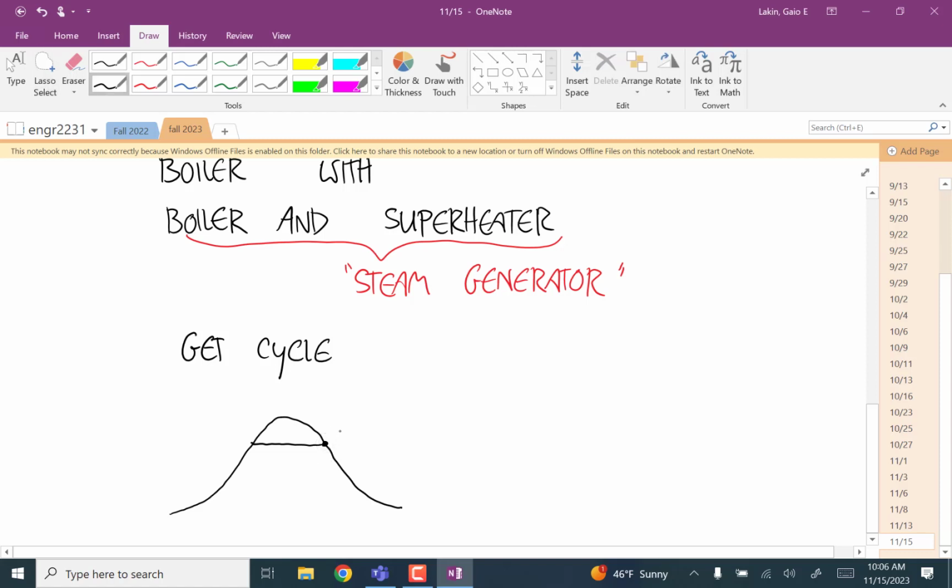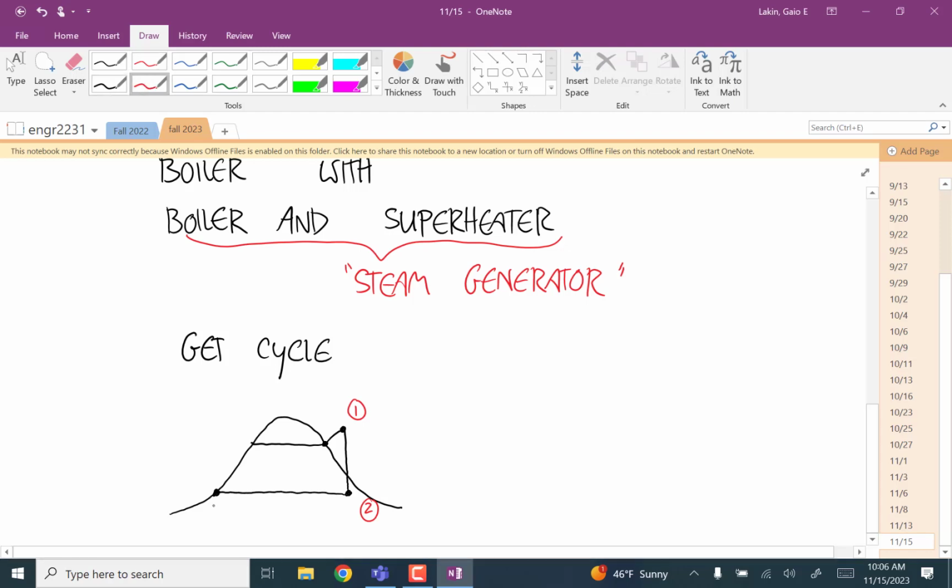Then you heat it up further to become a superheated vapor. And this is your state 1. Then you go through the turbine. So this is the state 2. And everything else looks the same.